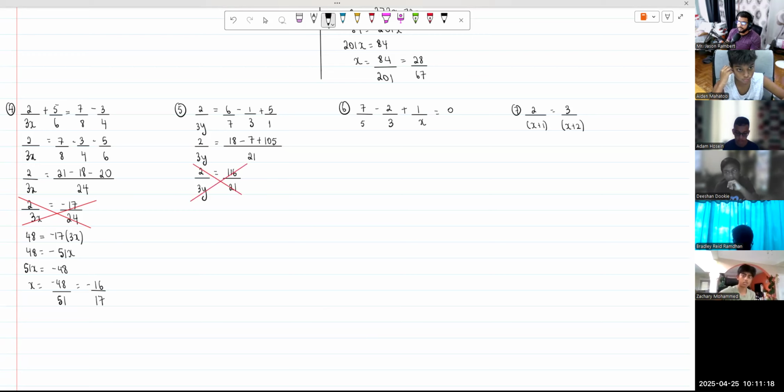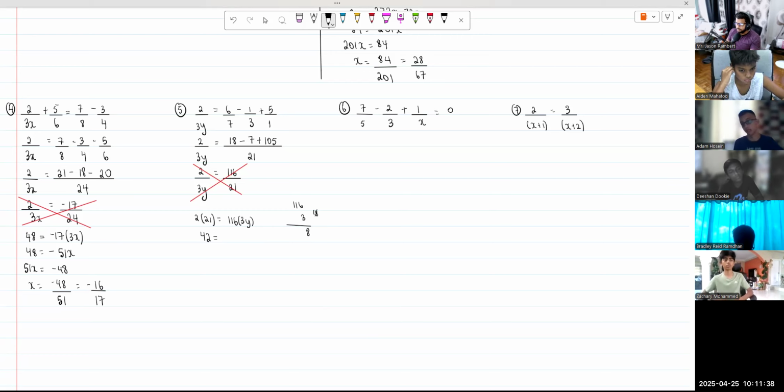I'll cross multiply. I'm going to get 2 multiplied by 21 is equal to 116 multiplied by 3y. 21 by 2, that is 42, is equal to 116 by 3. 6 3s are 18. 1 3 is 3 and 1 is 4. 1 3 is 3. 348y.